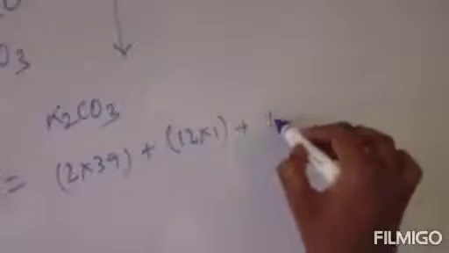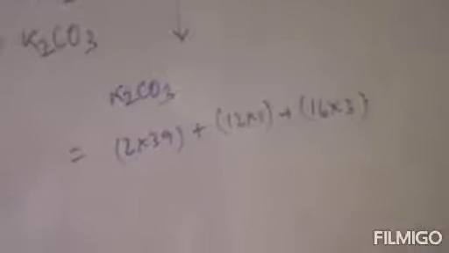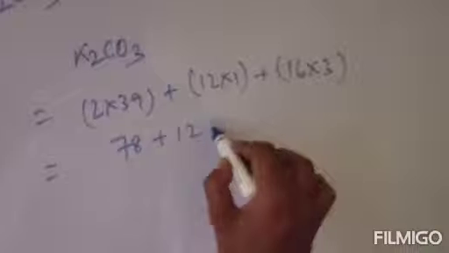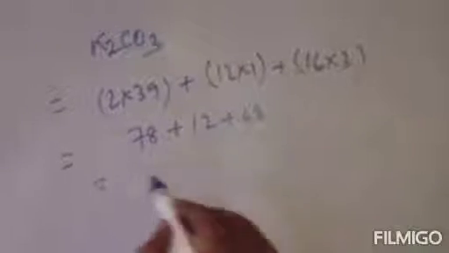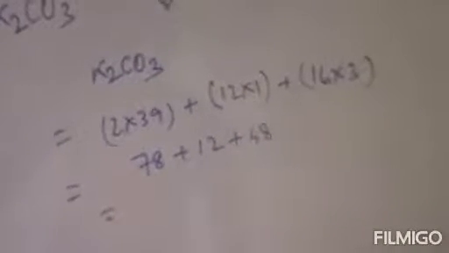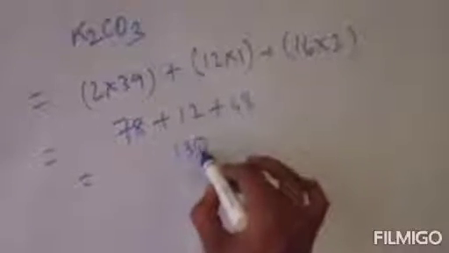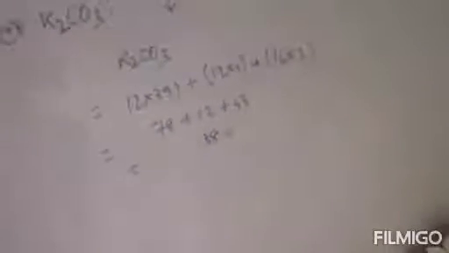Oxygen is 16 for 1 oxygen atom and there are 3 oxygen atoms, that means 3 into 16. So this is 78, this is 12, this is 48. So 78 plus 12 plus 48, that means 90 plus 40, 130 and 8, 138. So formula unit mass will be 138.